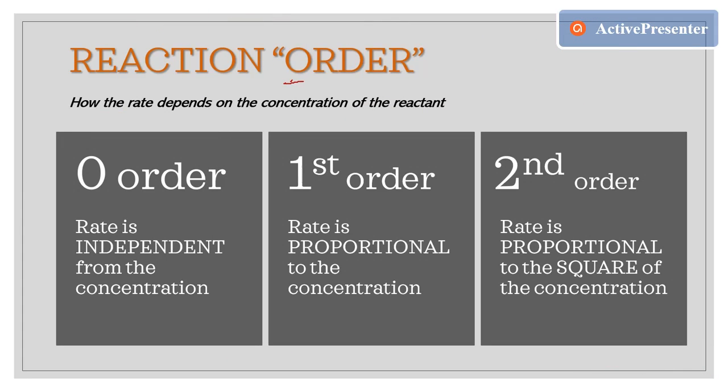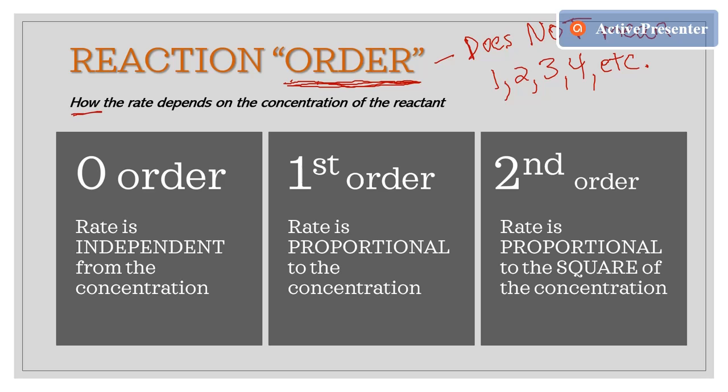Now the reaction order, this is a really important idea to grasp. It does not mean the order, like chronological order, like 1, 2, 3, 4, etc. The order it's talking about is how the rate depends on the concentration of the reactant.